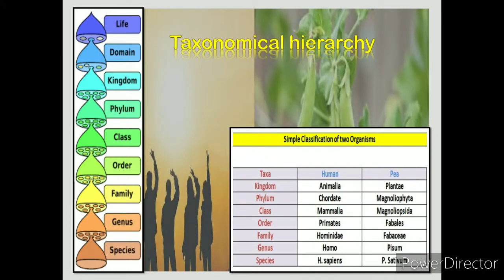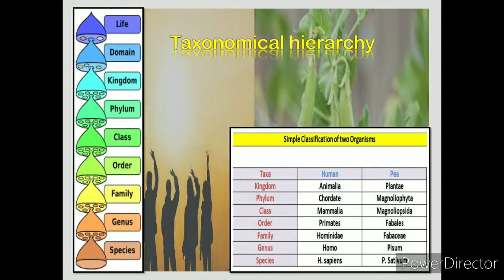Now let's go into the taxonomic hierarchy. What do you mean by hierarchy? There must be certain ranks and categories in which we are naming a particular organism. That means there should be proper guidelines to follow. Taxonomic hierarchy is the arrangement of taxonomic groups in a definite order from higher to lower categories.